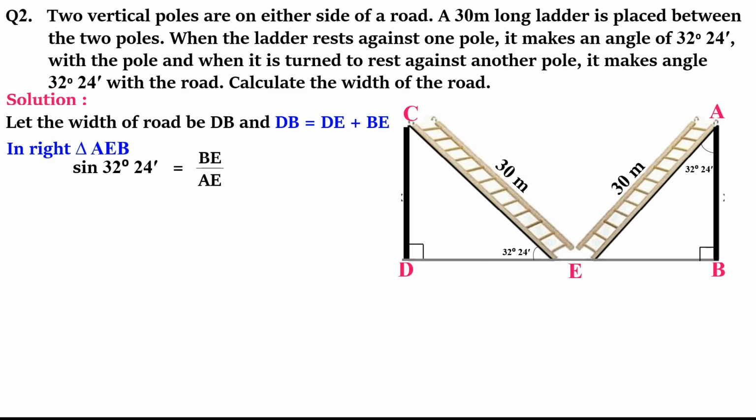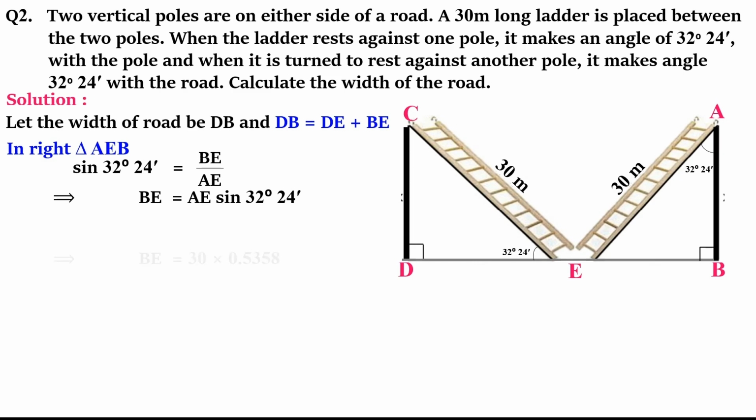Sine theta is equal to perpendicular upon hypotenuse. So sine 32 degrees 24 minutes is equal to BE upon AE.